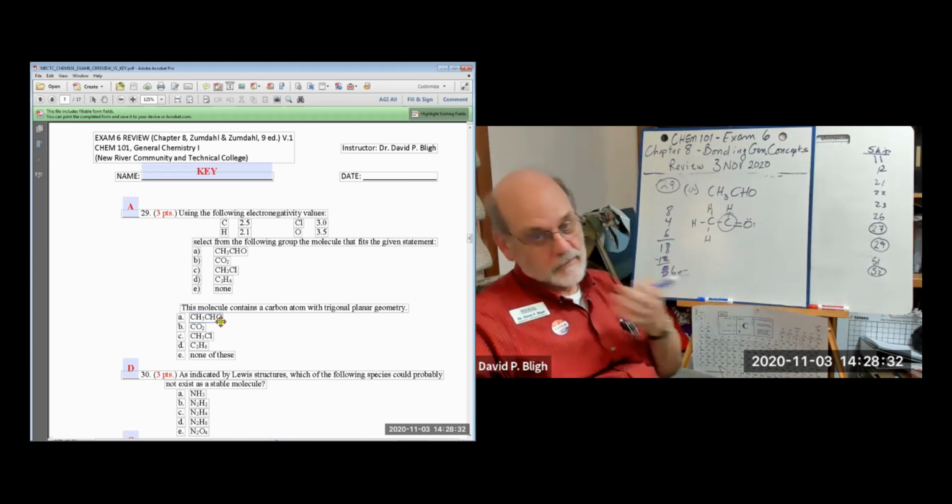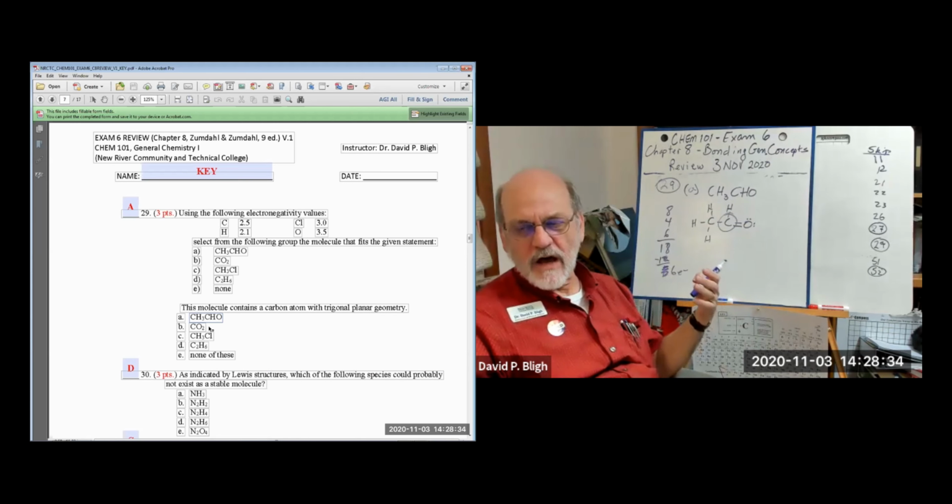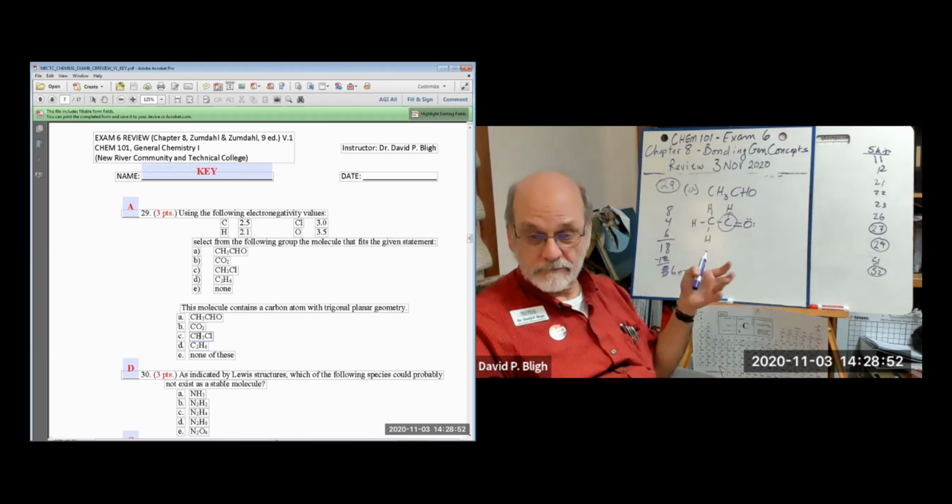A is correct. If we went to carbon dioxide, we know carbon dioxide is linear, right? We know this carbon in chloromethane, this carbon has 4 bonds on it, so it's tetrahedral, right? 3 hydrogens and 1 chlorine.